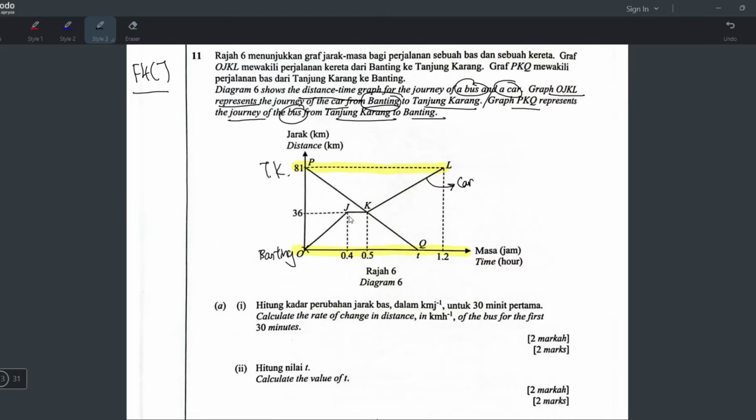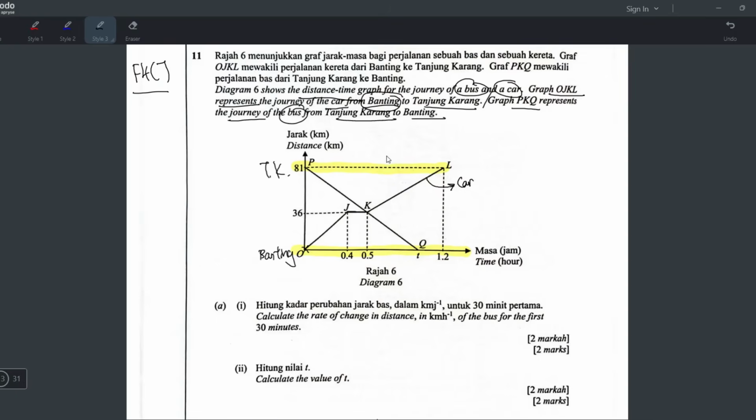If the line is going up like this, means the car is moving, it's traveling. And then what happens here? Here means the car actually stops moving because the distance never changed here. The distance stops at 36 km for this long. That means the car actually stops, and then here is continue moving lah.